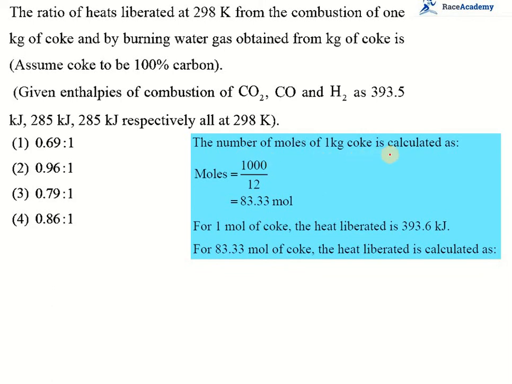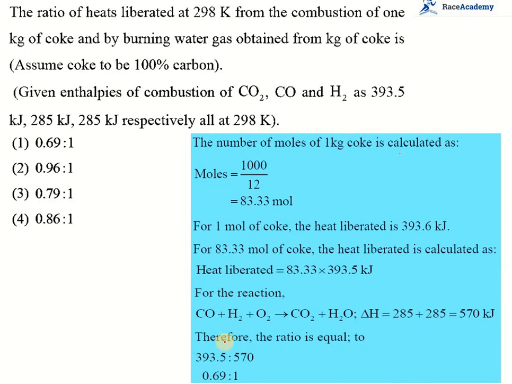Now the number of moles in 1 kg of coke can be calculated as 1000 by 12. Carbon is 12 only, so 1000 by 12 is 83.33 we got. For 1 mole of coke, the heat liberated is 393.5 kilojoules, and 83.3 moles of coke liberate how much? Upon cross multiplication, we got 83.3 into 393.5 kilojoules.